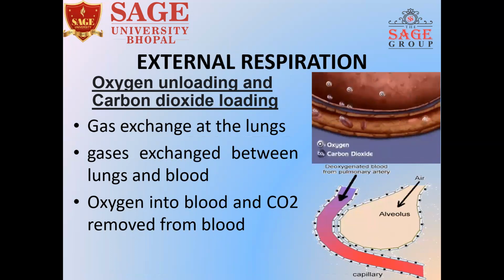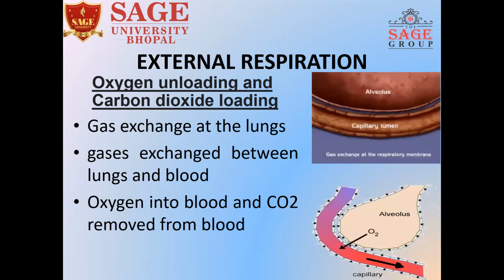You can see in the picture oxygen into the blood. That means oxygen comes through the alveoli into the blood capillaries, and the CO2 goes out from the blood capillaries through the alveoli and is exhaled out into the atmosphere.